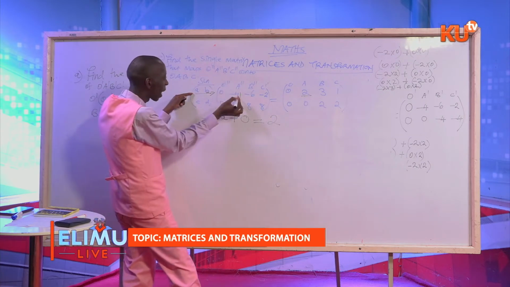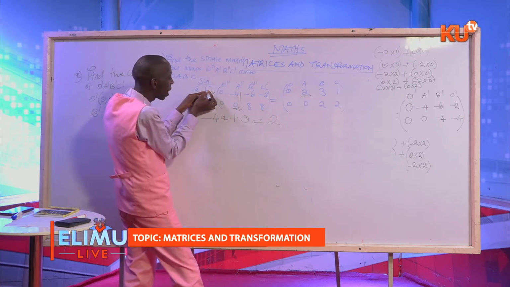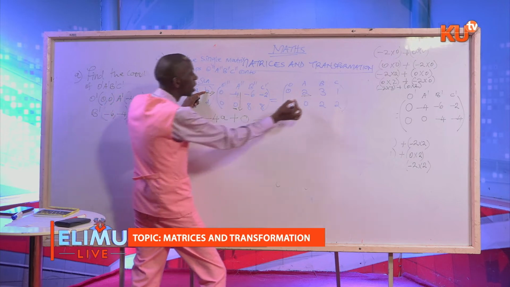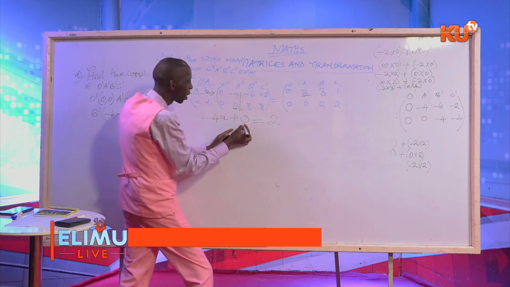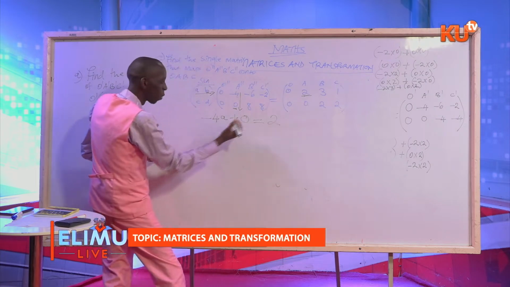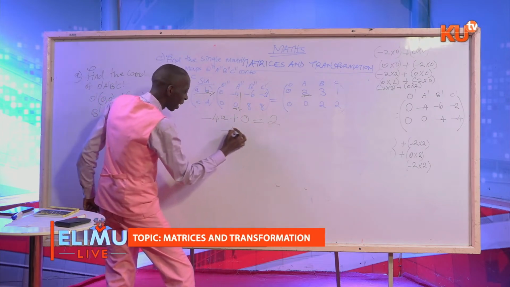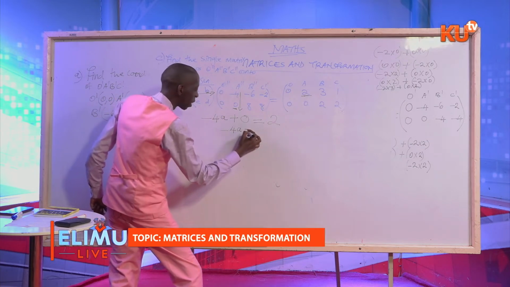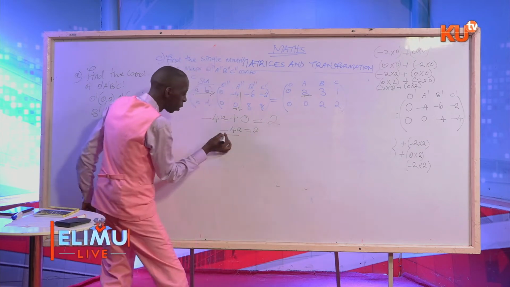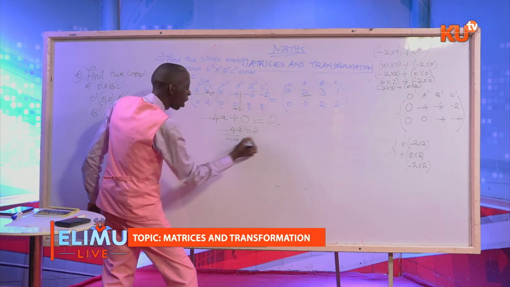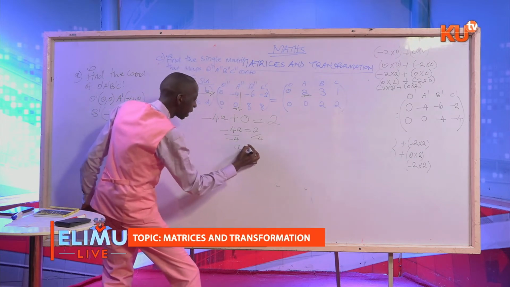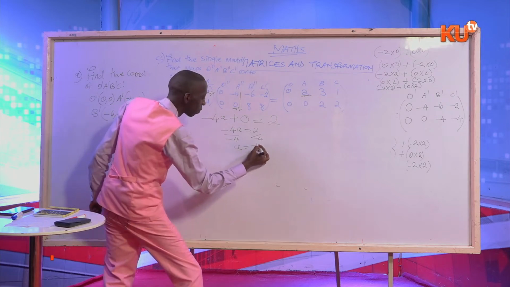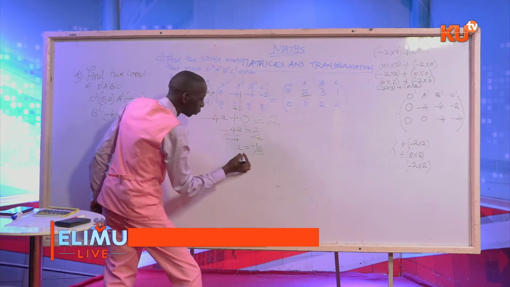Negative 4A plus 0 is equals to 2. We can get our A. Negative 4A is equals to 2. Divide both sides by negative 4. So our A is equals to negative 1 over 2.